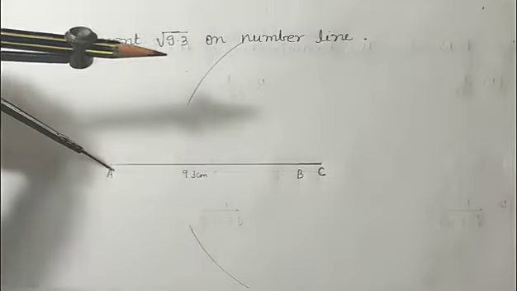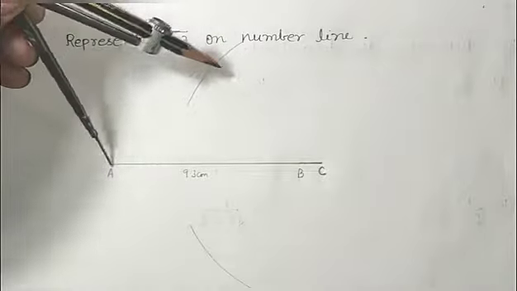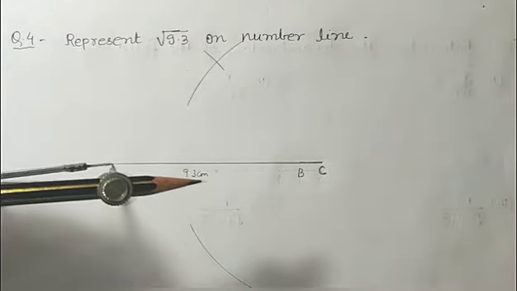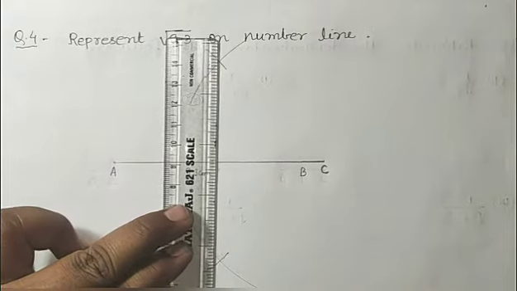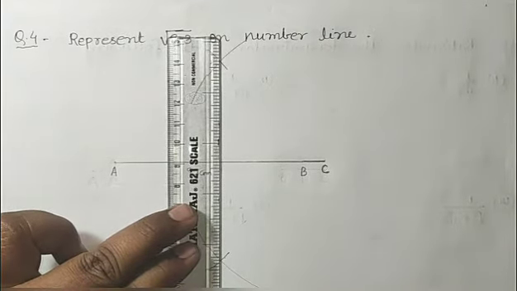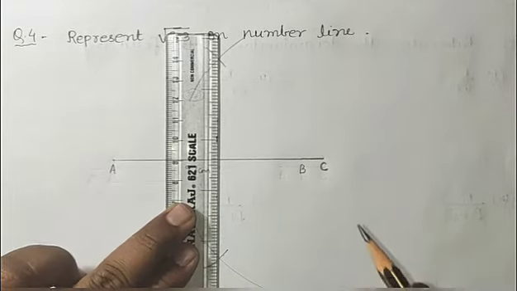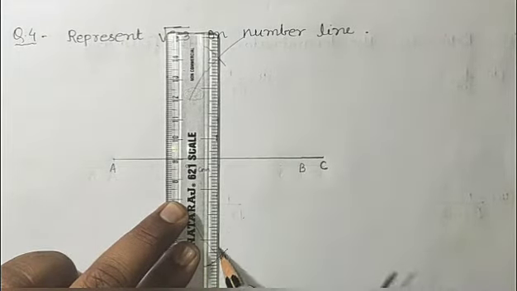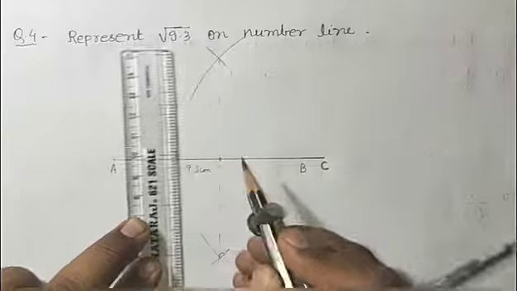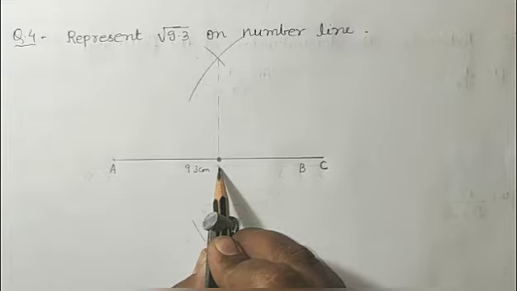Now taking A as center, we will cut two arcs again, and after that we will join the cutting points by a dotted line, so that on AC we get our midpoint. Suppose this point is O.